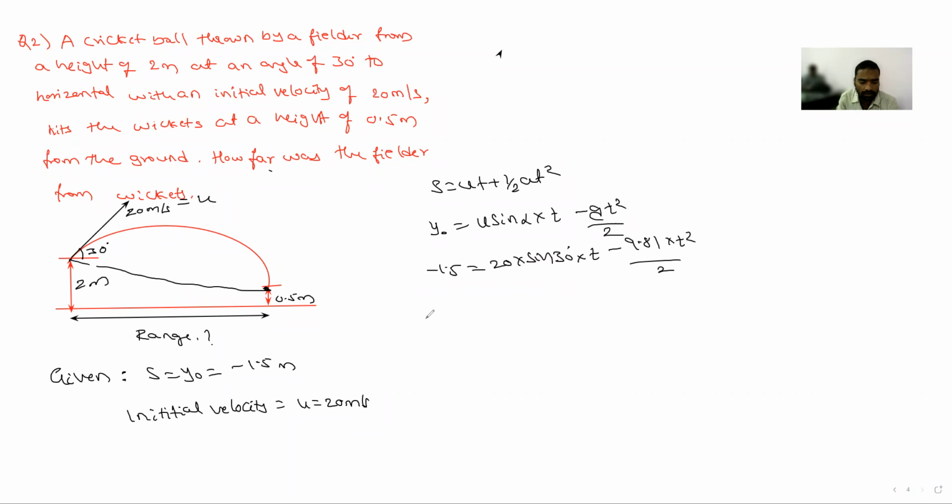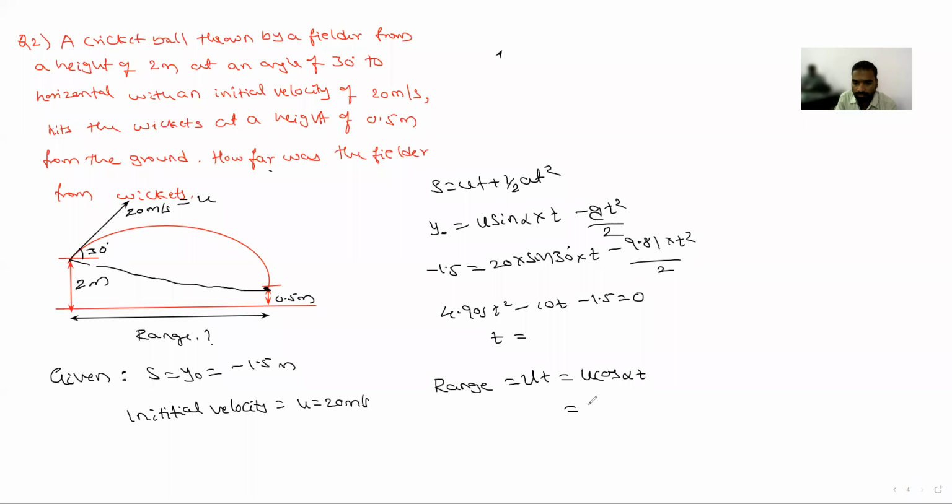So write it in terms of a quadratic equation. I will bring this to the other side: 4.905 t square minus, since sine 30 is half, 10t minus 1.5 is equal to 0. Use the calculator and tell me the value of t. After calculating the value of t, range is equal to u into t, but which u will you consider? Along the horizontal direction, horizontal velocity, u cos alpha into t.